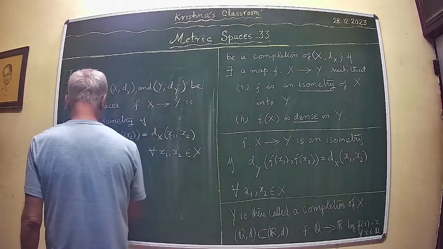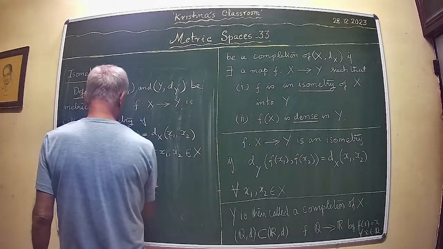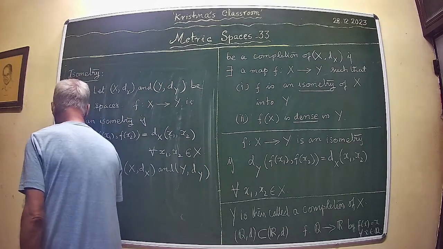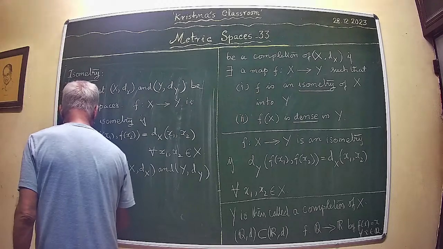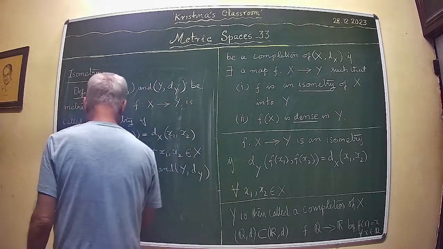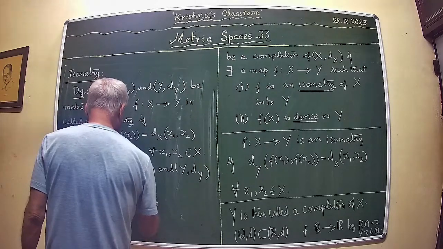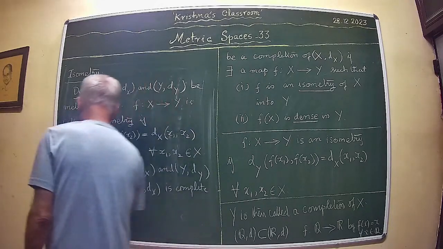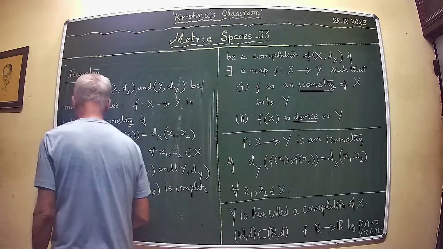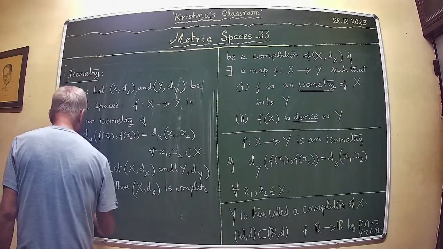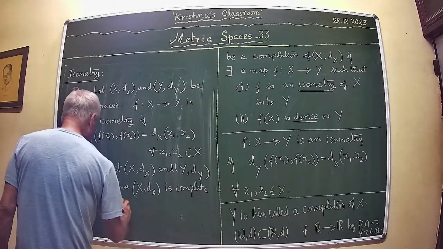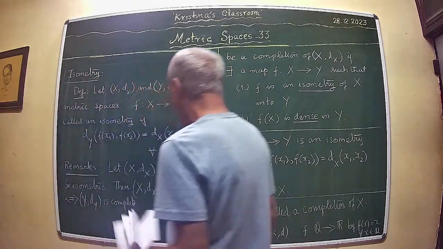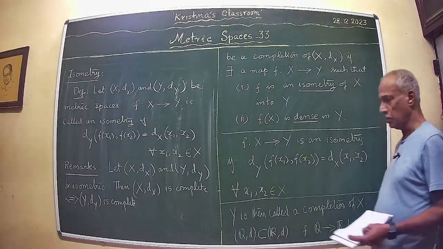Let F be an isometry from X into Y. Then X is complete if and only if Y is complete. In fact here we take F to be onto.